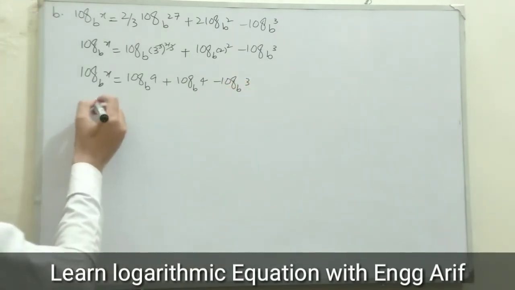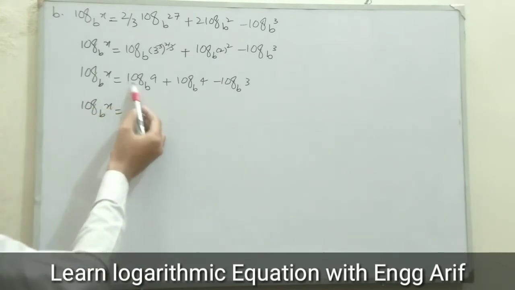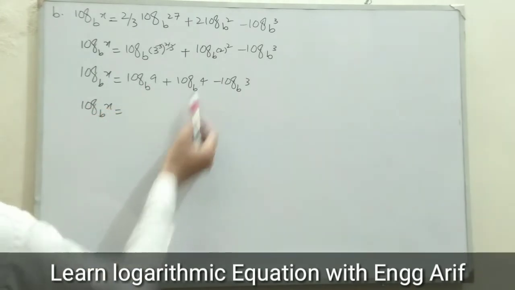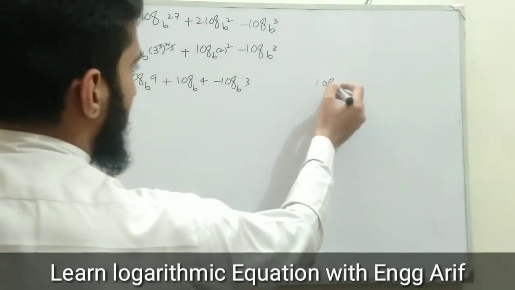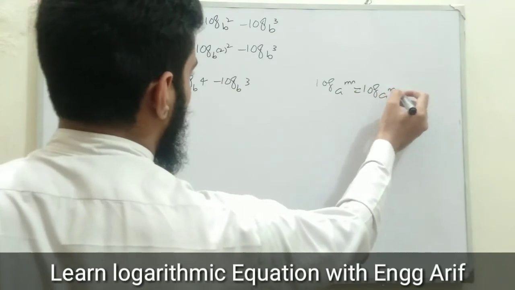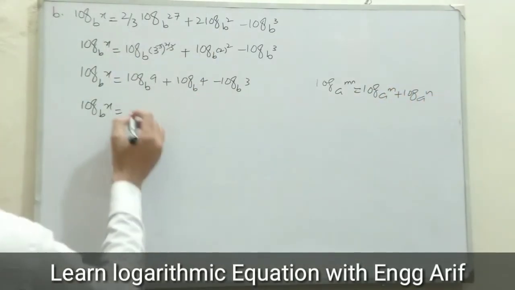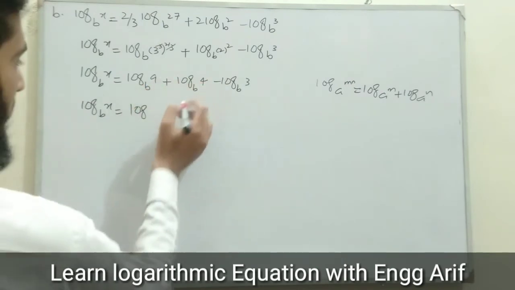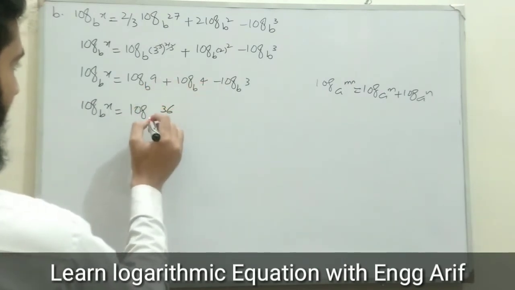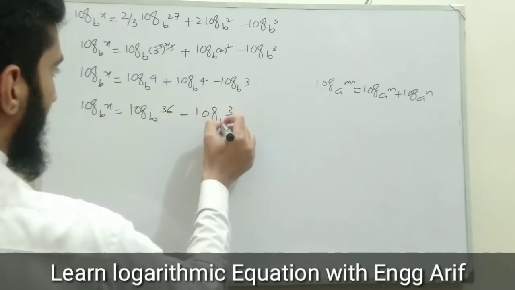After this, log of x to the base b will be equal to, using the same formula, log of a power m plus log of a power n will be equal to the log of a power m and n. This is the formula. So the powers will multiply with each other. So log of 9 multiplied by 4 gives us 36. So log of 36 to the base b minus log of 3 to the base b.